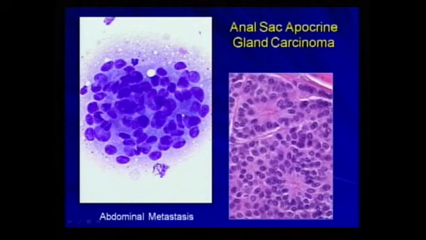You can see a nice one here, and it appears to be a lumen in the middle, and perhaps one right here. And histologically, these glandular tumors produce rosettes on a regular basis. So somewhat different, but the prognosis is markedly different, with anal sac apocrine gland carcinomas giving a guarded prognosis at best.